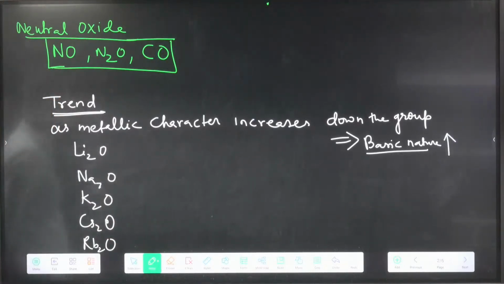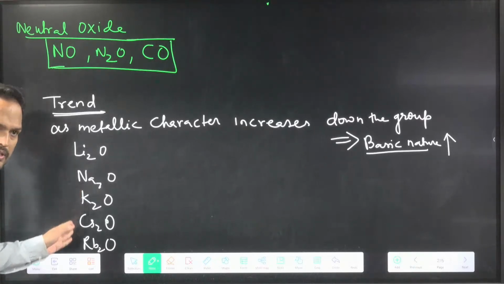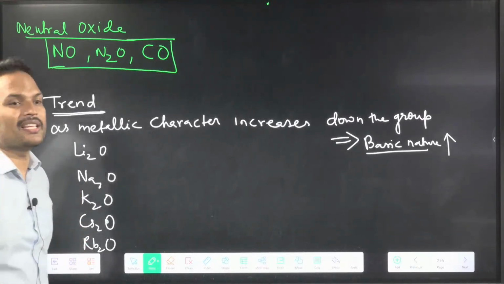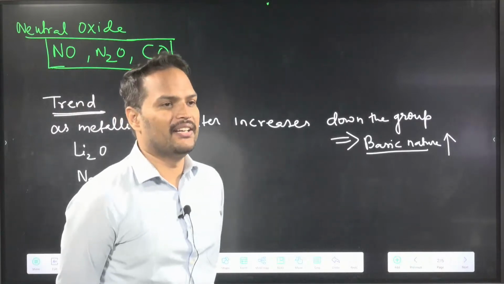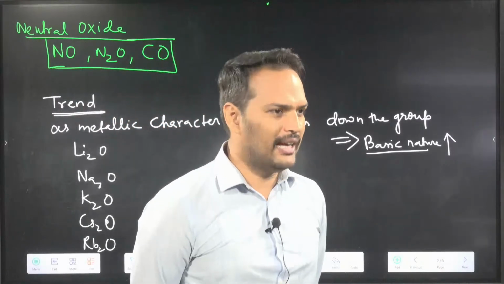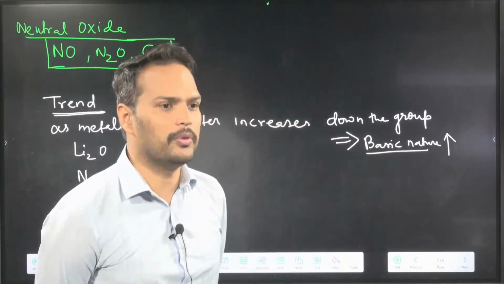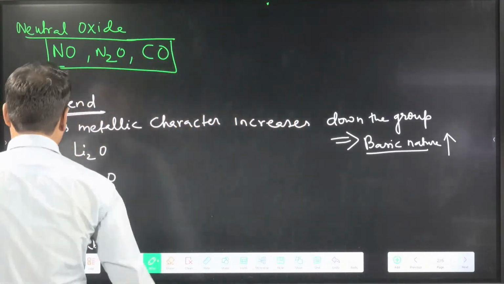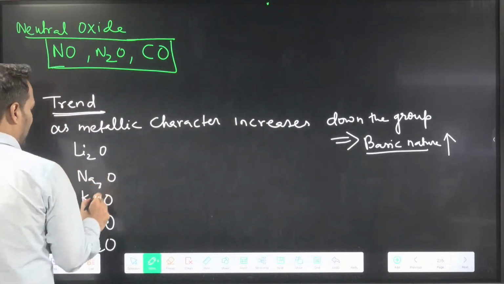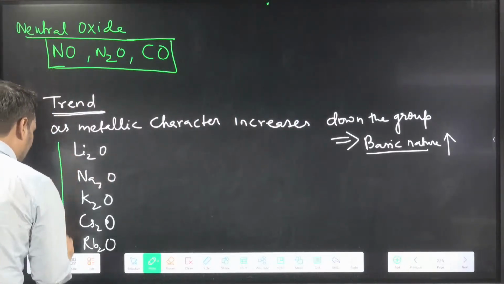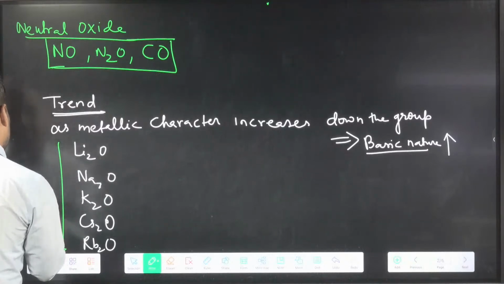Who is more basic? Although it is not compulsory that everything is formed like this, because in the s-block you will study that lithium forms oxide like this, sodium forms peroxide, the rest form superoxide, all these things. But we are talking about basic nature. So I am putting the arrows in increasing order.